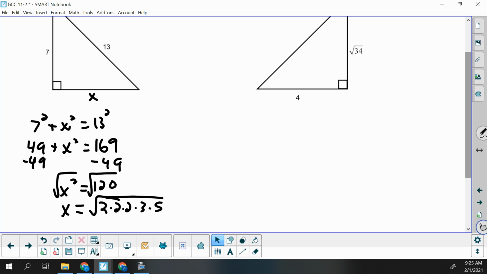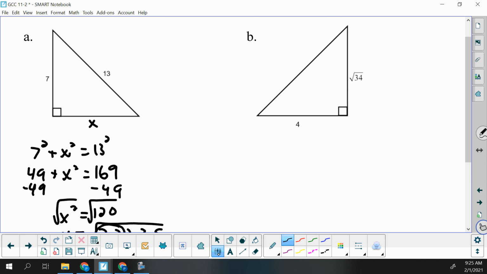We circle any groups of 2, or pairs, I should say. One of them goes out front, and then the inside stuff stays in there. 2 times 3 is 6, 6 times 5 is 30. So 2 square root of 30 would be our third side in this right triangle.